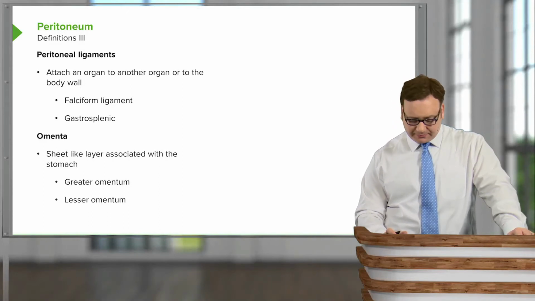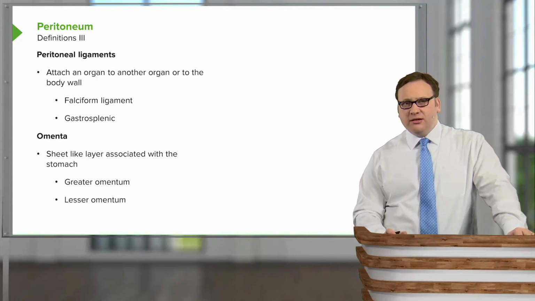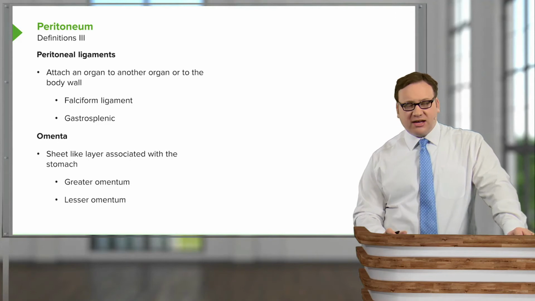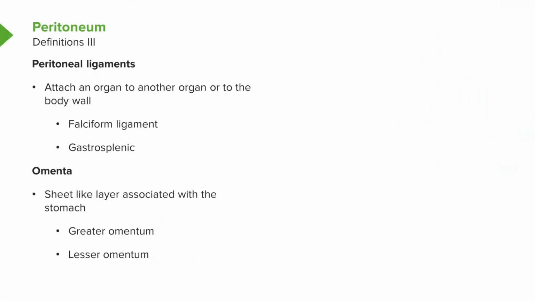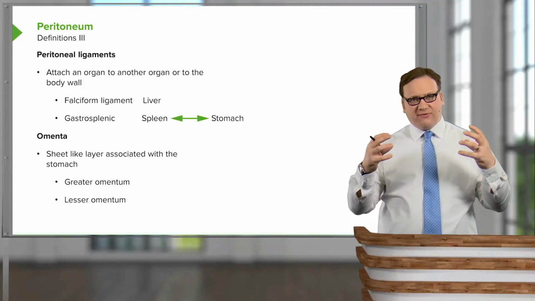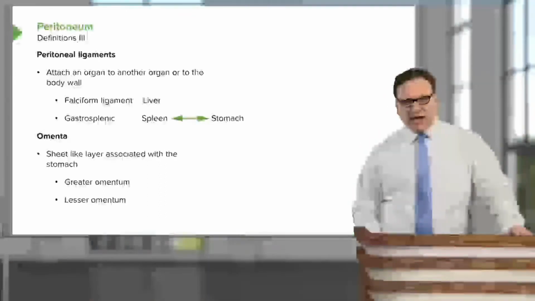The stomach is attached to the spleen via the gastrosplenic ligament. So the falciform ligament is associated with the liver, and then we have the gastrosplenic, which is associated with the stomach and the spleen. Again, this allows these organs to have their position retained within the abdomen.